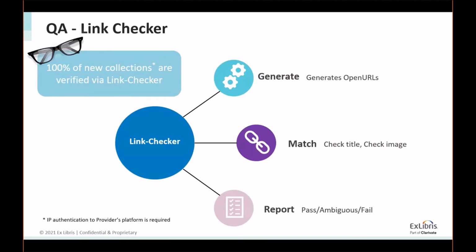Just taking into account that this might involve the provider, through the provider relations team, in case we need to get an updated, fixed title list, which can be the cause of the failed links.